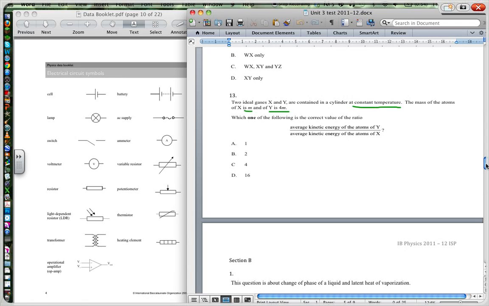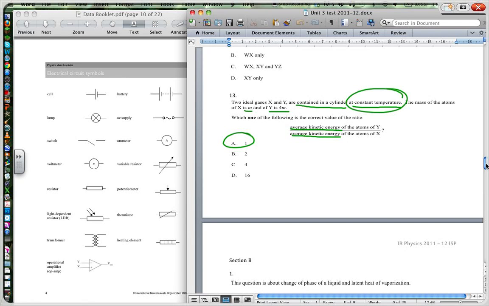Which one of the following is the correct value of the ratio of the average kinetic energy of Y and the average kinetic energy of X? Well, I hope you'd all go straight for A, and that's 1, because they're at constant temperature, and temperature is a measure of the average kinetic energy, and therefore, because they're both contained in a cylinder, both X and Y have got the same temperature.